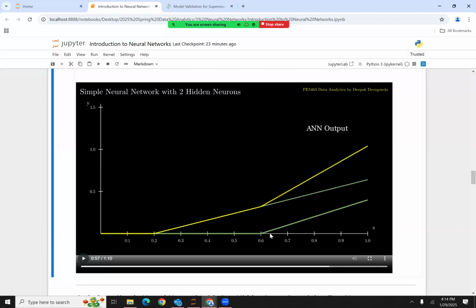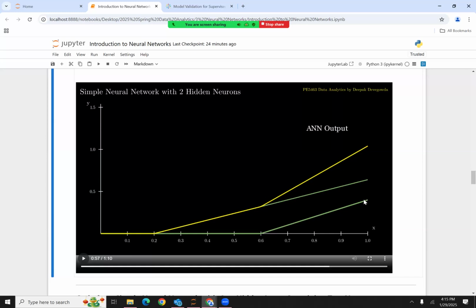It's 0 because of the chosen weights and the biases going to neuron 1 and coming out from the hidden neuron 1, while hidden neuron 2 has some positive value. And so the output from the neural network is pretty much whatever neuron 2 is telling you. And then finally, at a value of x equal to 0.6, I have neuron 1 also being activated. And so the total output is going to be the sum of the outputs from neuron 1 and neuron 2.